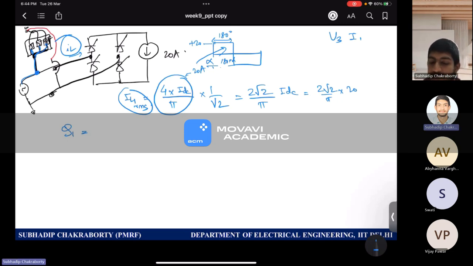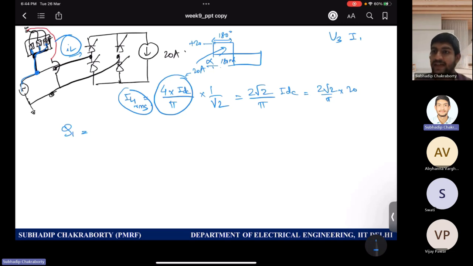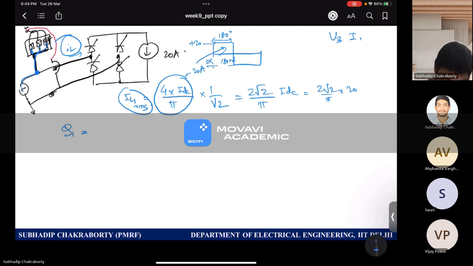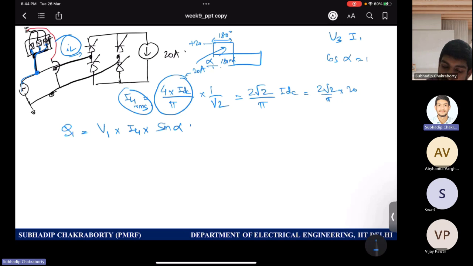Because voltage does not have any harmonics, only the fundamental of the current contributes. So the fundamental reactive power you can expect is V1 into IL1 into sine alpha, because alpha is the displacement, cos alpha is the displacement power factor, and the shift between the voltage and current fundamental is alpha. So sine alpha is the reactive power.